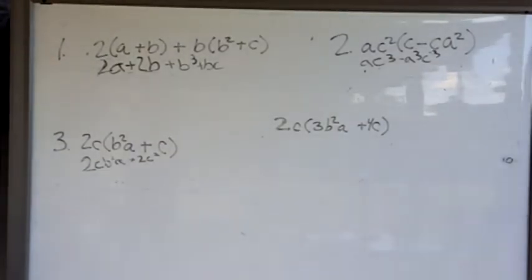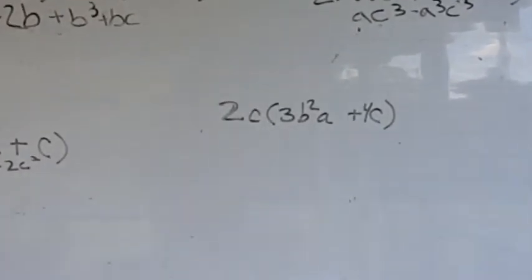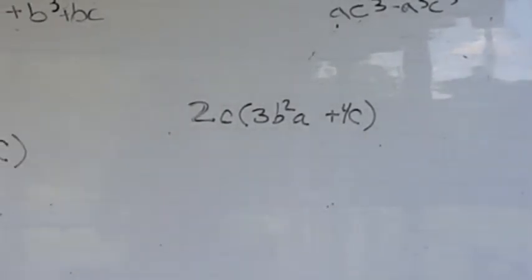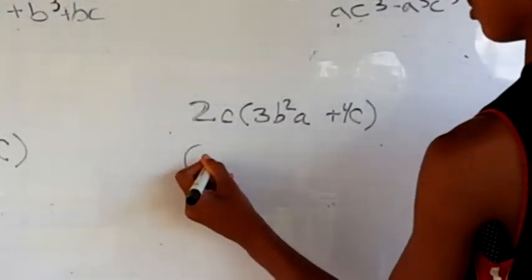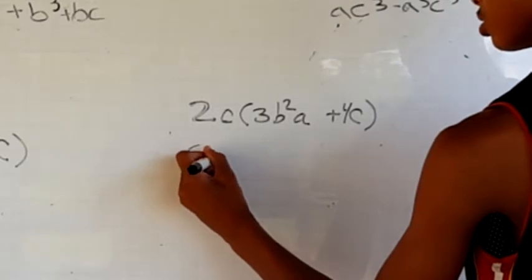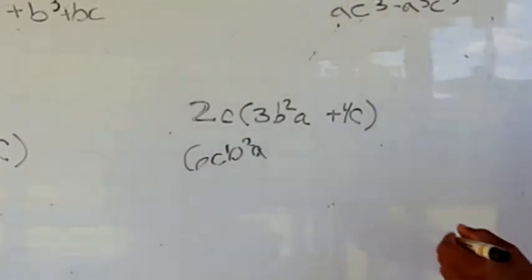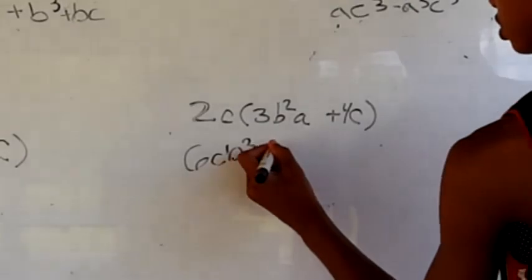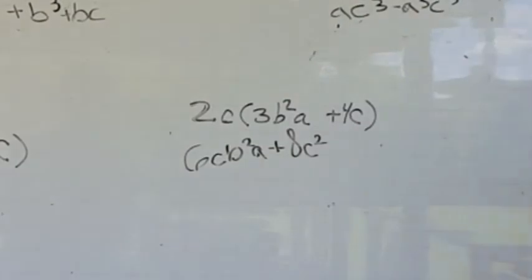Alright, so the question is 2C times 3B squared A plus 4C. So first you do 2C times 3B squared A, which will equal 6C B squared A. And you do 2C times 4C, which will equal positive 8C squared.